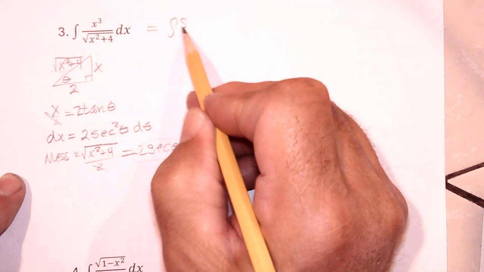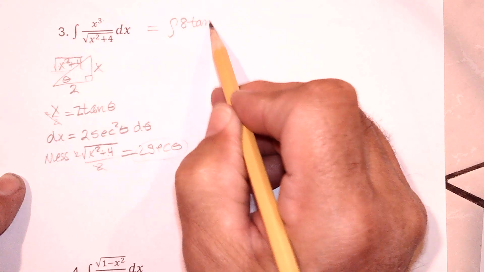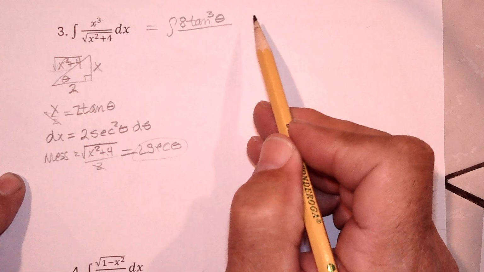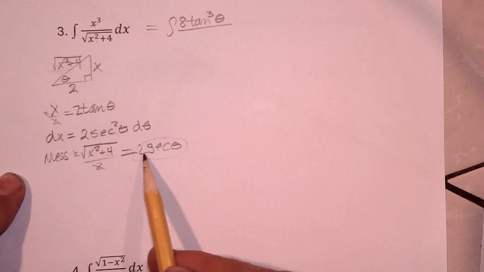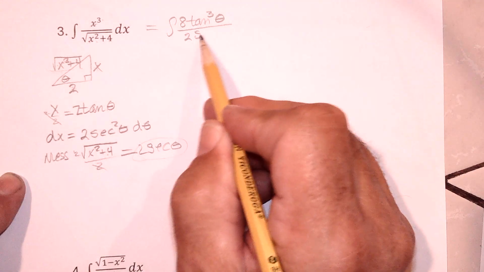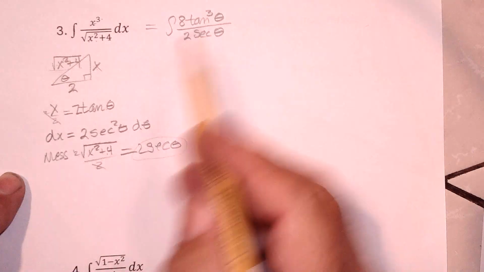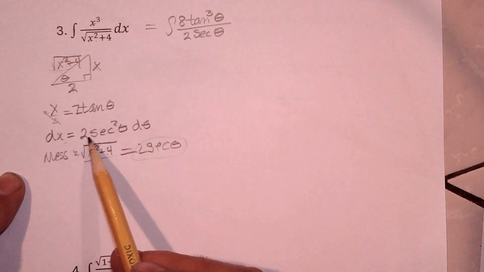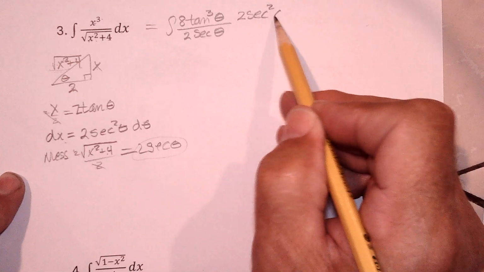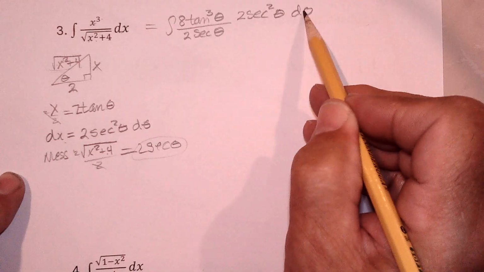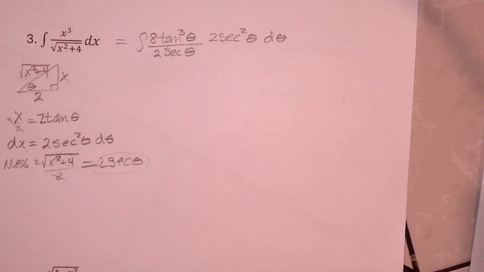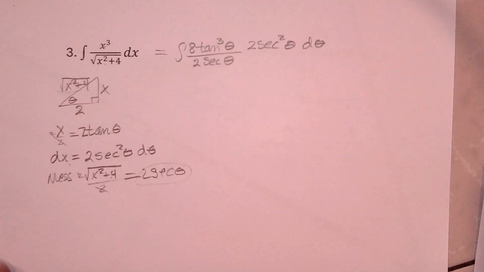So that's 8 tangent to the third theta over the mess, which is 2 secant theta, and the dx is 2 secant squared theta d theta. Now we've got to simplify.